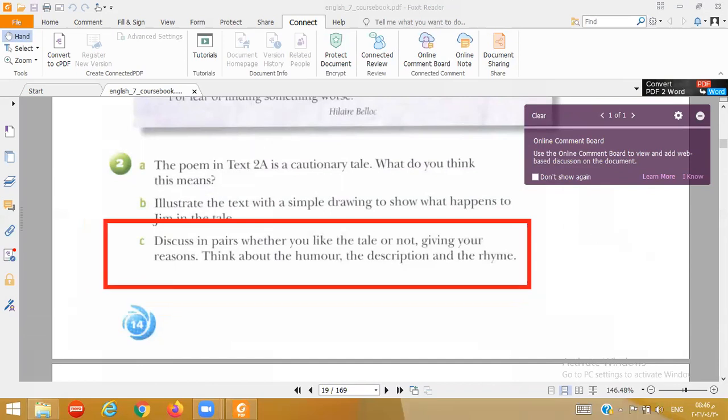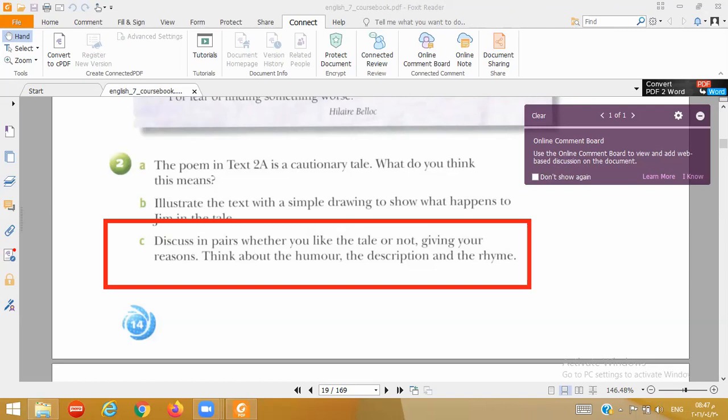Discuss in pairs. Zain, I want you to ask Nurai if she likes the story or not. Ask her, did you like the story?